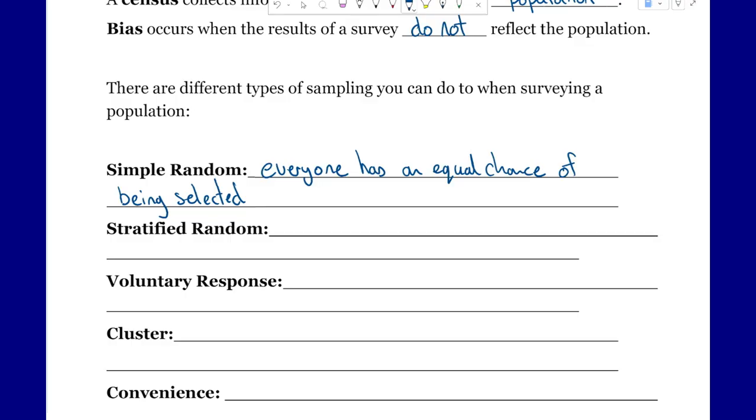Stratified random. Here we break our population into groups. Then we random sample from each group.